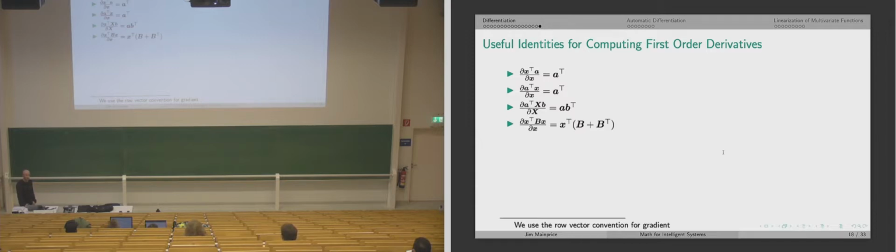You would think, this is a second order term, so the gradient should be X transpose times B, or 2 times X transpose times B. But no, it's actually B plus B transpose, which is symmetrizing B. A symmetric matrix is a matrix that's equal to its transpose, and you can check that B plus B transpose is equal to its transpose.